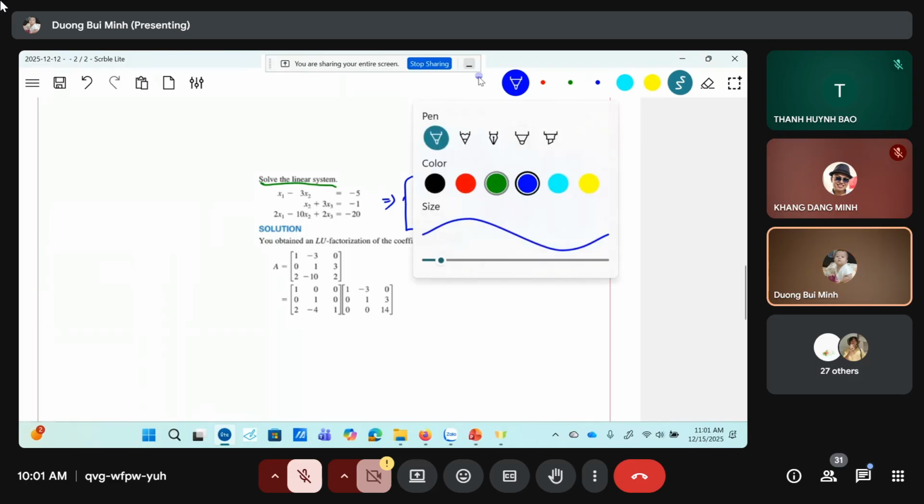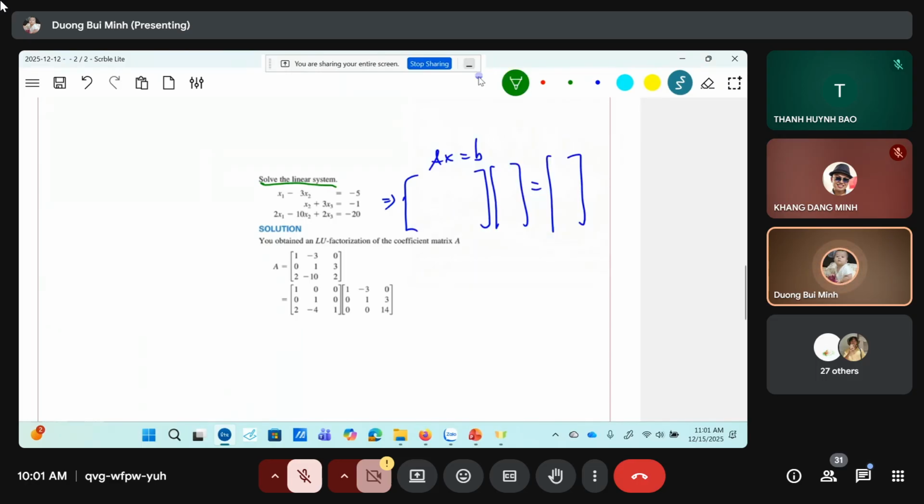Now look, how many variables? 1, 2, 3. We have x1, x2, x3. So from B you get -5, -1, and then -20. So here you get 1, -3, and here 0. This one is 0, 1, 3. This one is 2, -10, and 2.